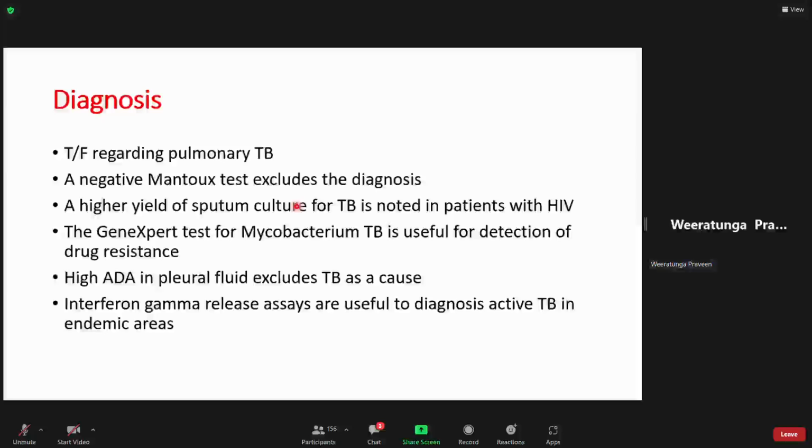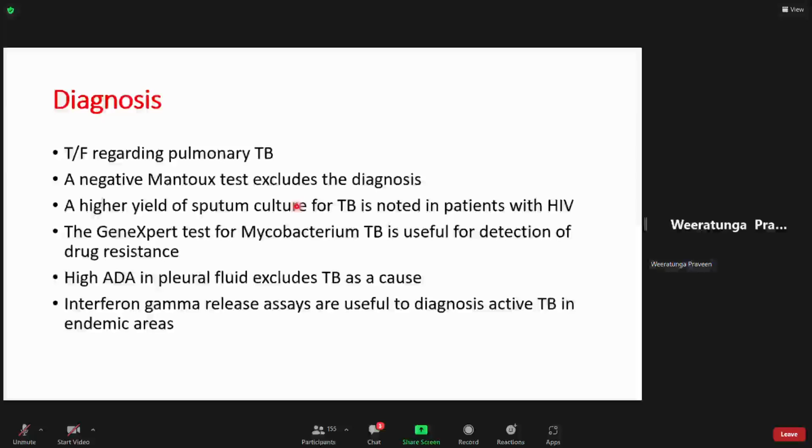Actually, a Mantoux test can be negative in full-blown TB if you're immunocompromised, because it just tests the immune response. So in a patient with HIV/AIDS who has TB, the Mantoux will be absolutely negative, but they have full-blown TB, because they don't have an immune system to make the test positive.